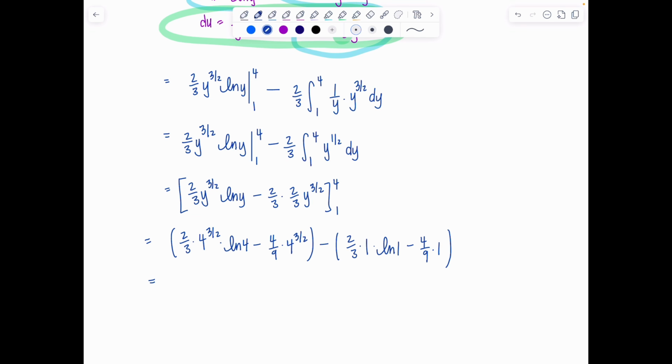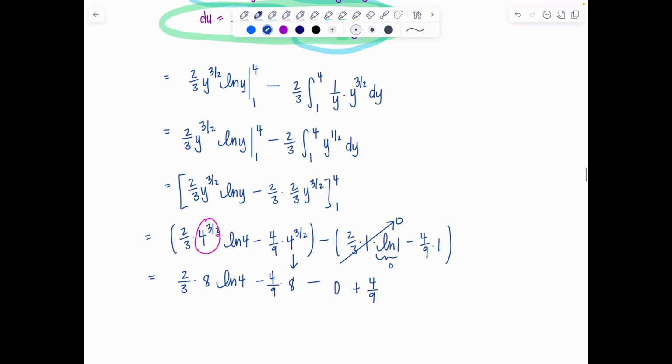Okay, so 4 to the 3/2: it's the square root of 4, you take the denominator root of that number, and then you raise it to the numerator, the third. So 2 to the third is 8. And then ln of 4 minus 4/9 times, this is again 8, minus, since this is 0, this is all 0, plus 4 over 9. Are we okay? All right, good.